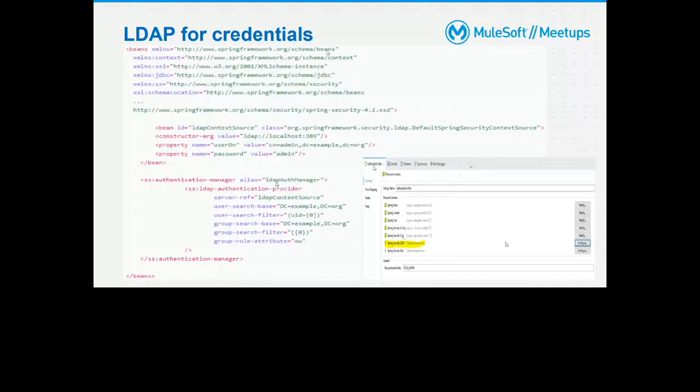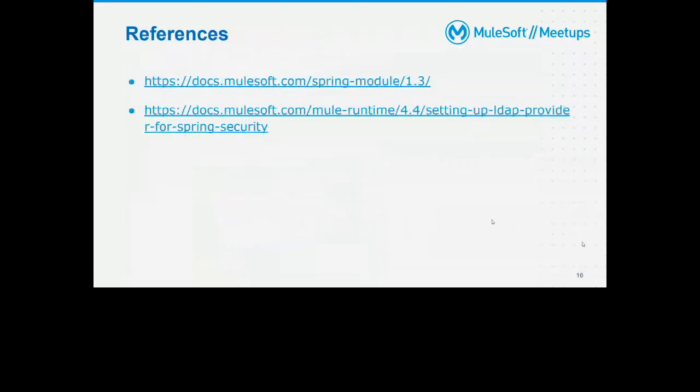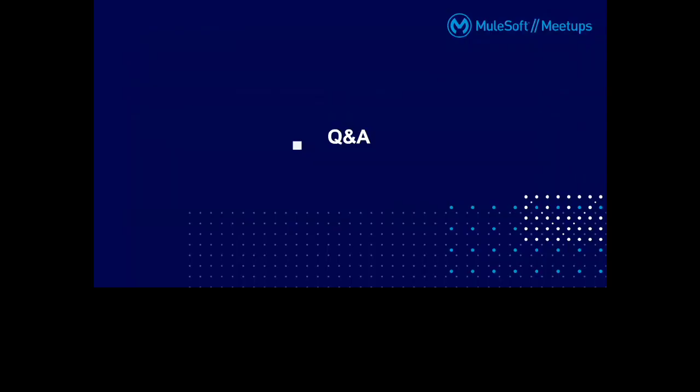We just need to configure our LDAP dependency. We need to import it over here, and it will work. These are the references, I've shared these references in the chat. So basically, to enable LDAP with your Spring authentication, you can do it using those dependencies and other information.